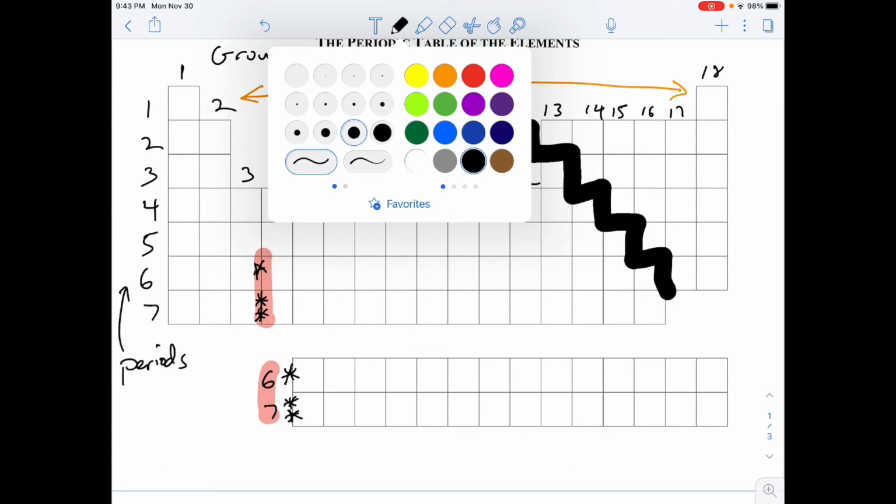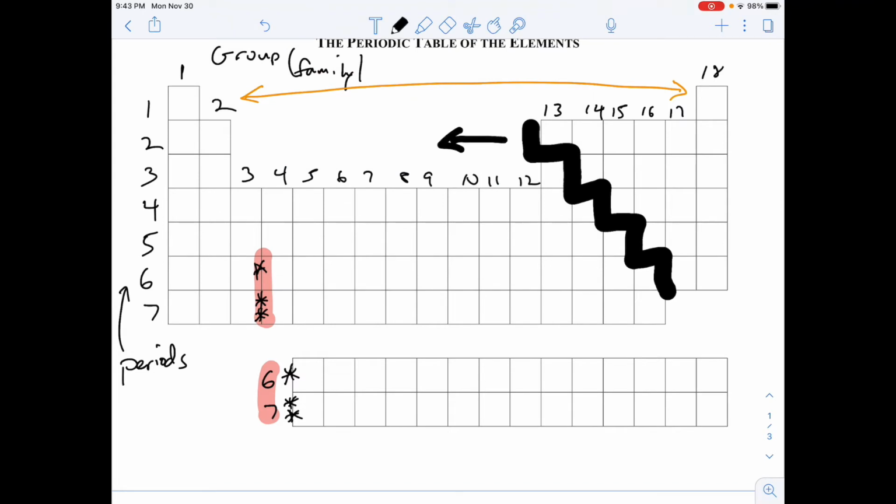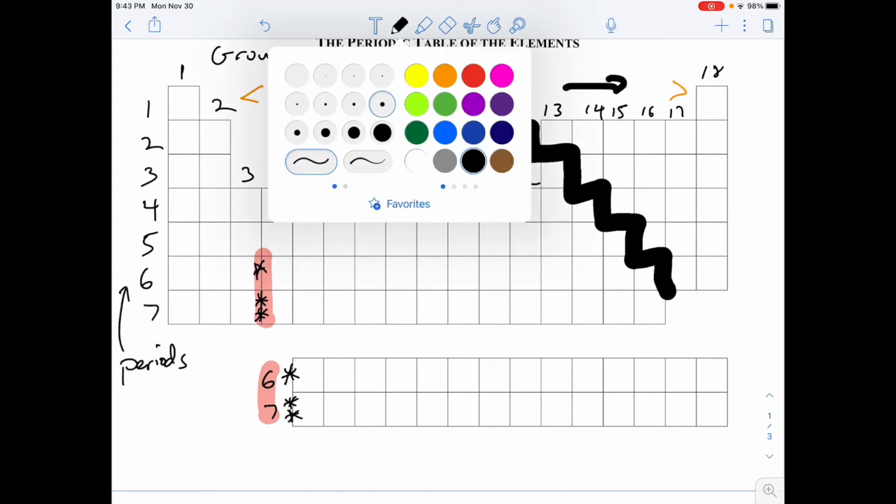Next class, we're going to go over what's the difference between a metal and a nonmetal. But over here are the metals, and over here are the nonmetals. Now, there's a couple of exceptions here, of course, because it's chemistry.